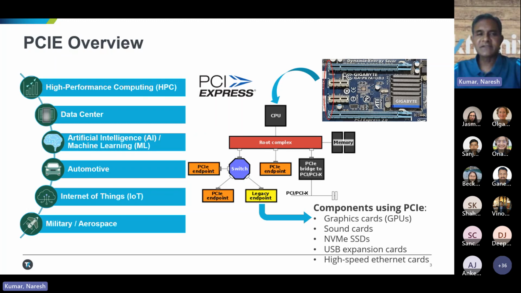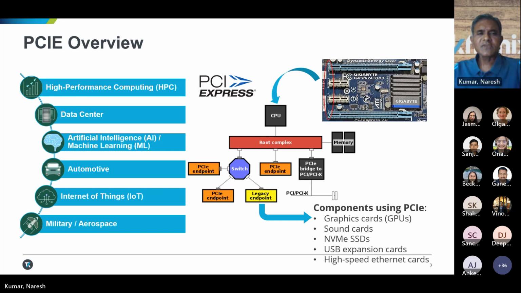The reason being that this has become the high-speed serial technology of choice for people working in various domains. On the left-hand side, you can see high performance computing is an example. Data centers are an example. Then there is even automotive, for that matter, which is starting to adopt PCI Express.